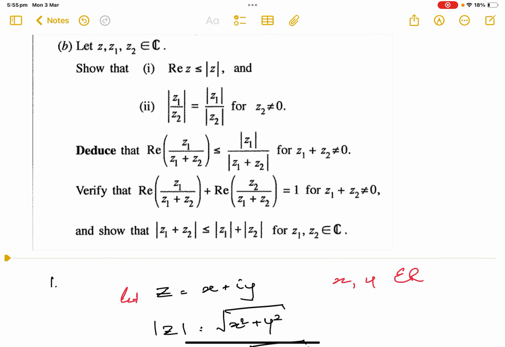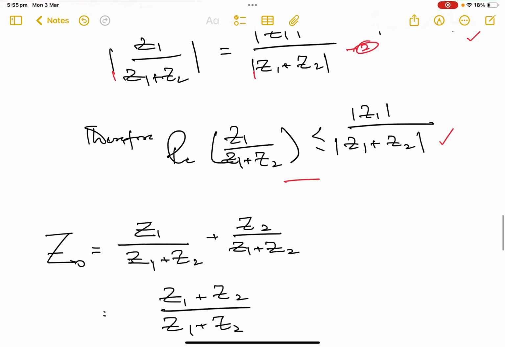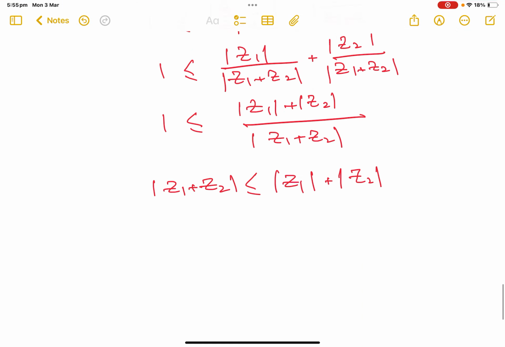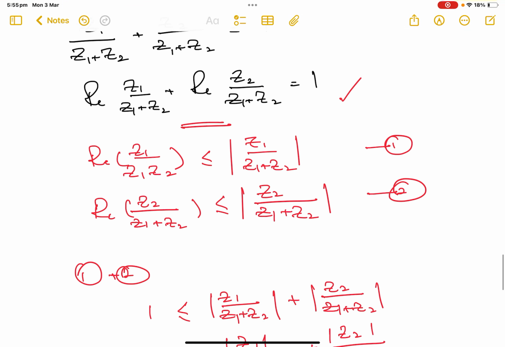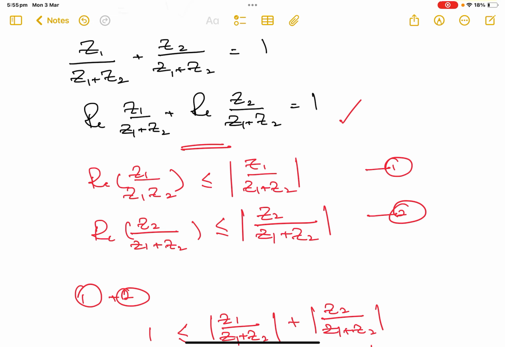And show that the modulus of Z1 plus Z2 is less than or equal to modulus Z1 plus modulus Z2. Okay, we know from the first part of our question, the real part of any complex is less than or equal to the modulus of that particular complex.